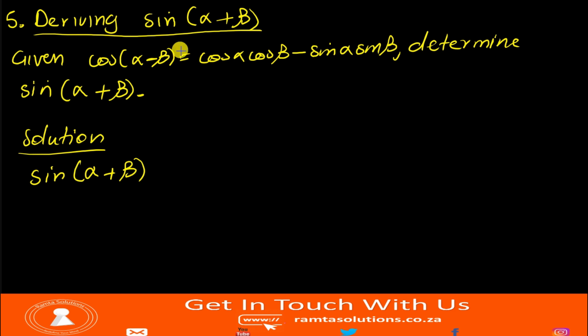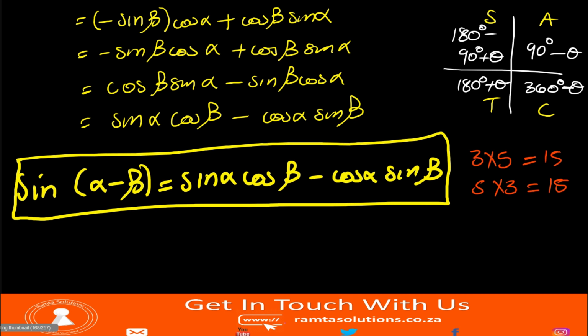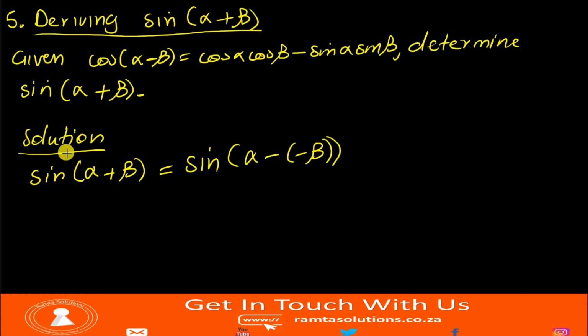It might be tempting to say you're supposed to use the alpha minus beta, and I'm going to show you why I'm saying that. So what if we say this is sine alpha minus beta, right? Do you guys see that? Because we derived this one here. Might be tempting to say, let me use that one.